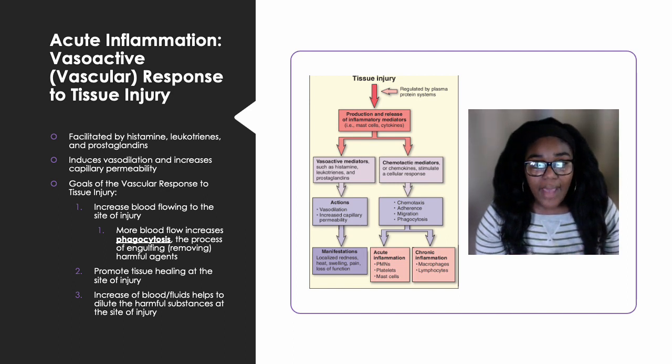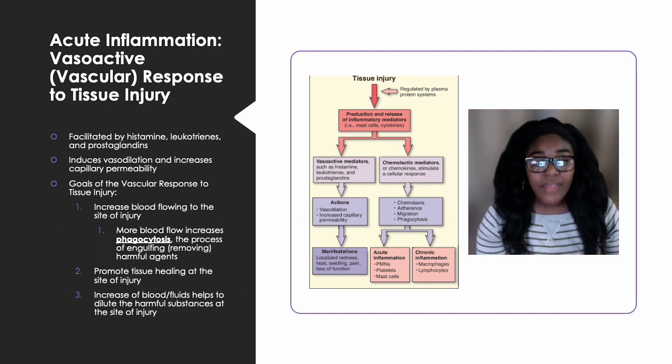We also have vasodilation that helps with tissue healing. So when we open up those blood vessels, we're trying to shoot everything that we can to that site of injury that will help with the healing process. So again, we have those cells that help with phagocytosis. We're also starting the process for healing because it is indeed an injury at that site.